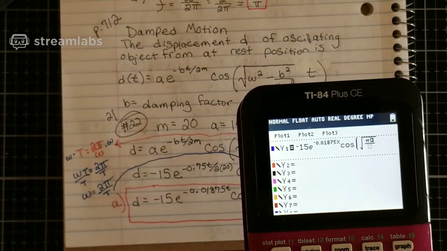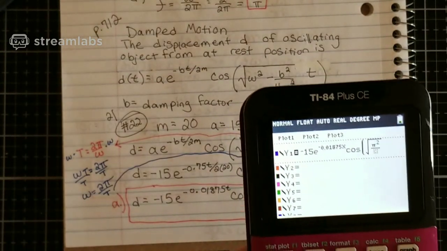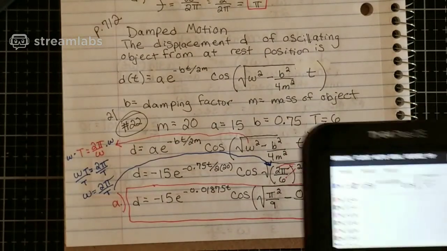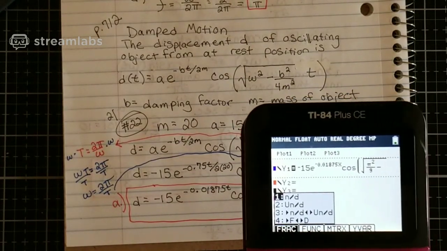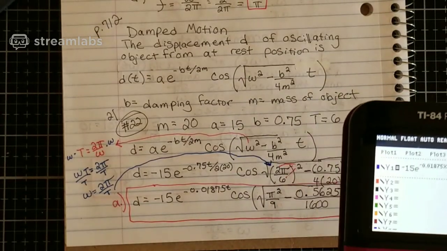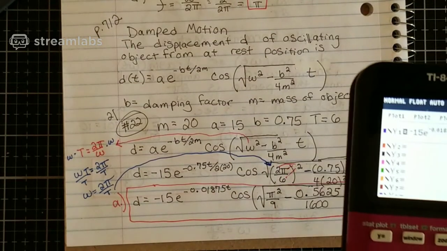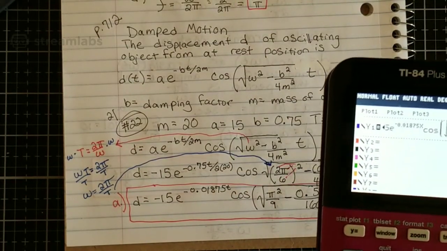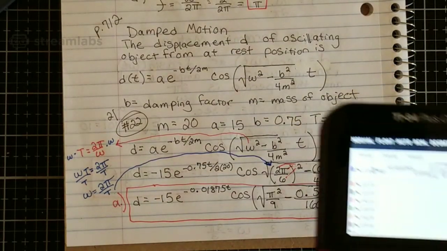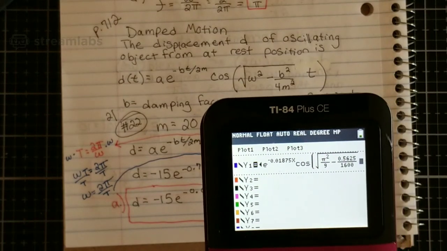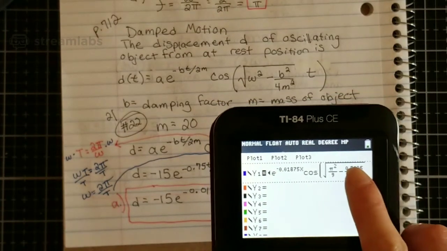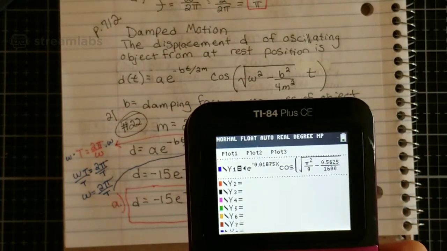Okay, pi squared divided by 9 minus, remember alpha y equals gets you that fraction button really nice. 5625 over 1600. Okay, I'm going to make sure I'm outside of that square root button on the end, and then I'm going to put my X in there.